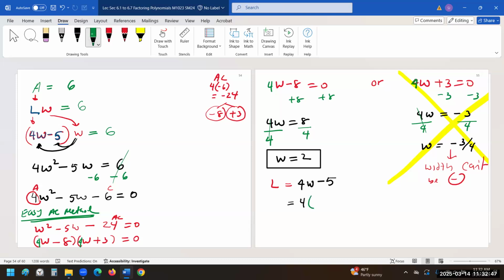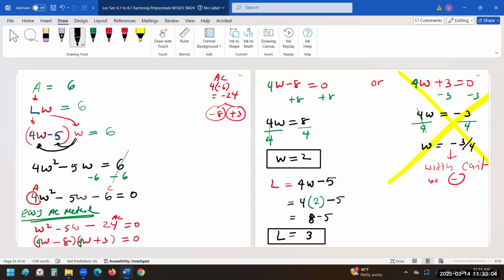Do we know how much the width is? 2. So it's 4 times 2 minus 5, which is 8 minus 5, which is 3.